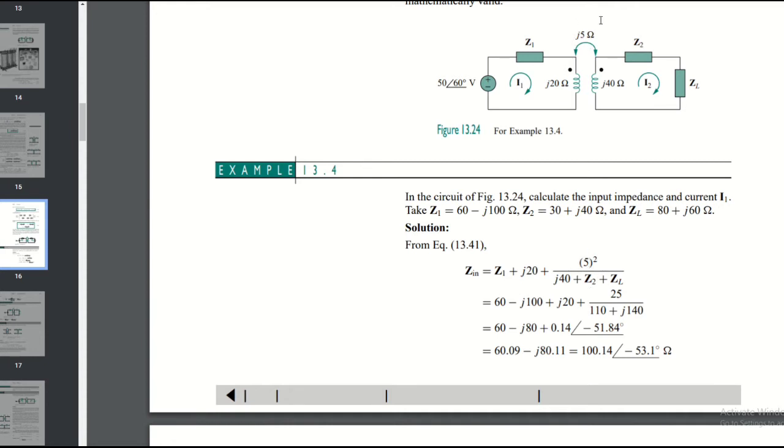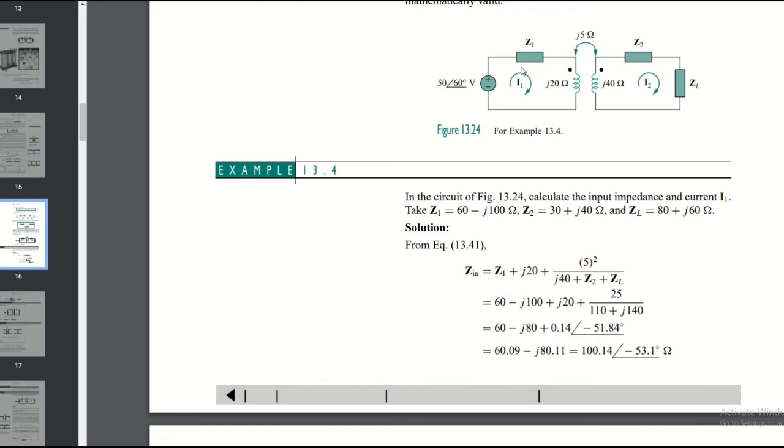So they get the value over here, square, divided by J40. So J40 is the JWL2, over here. And then the R2 is the Z2, and ZL is the ZL. So just insert the values Z2 and ZL inside of the equation. So you will get Z in equal to 100.14 angle minus 53.1 ohm.